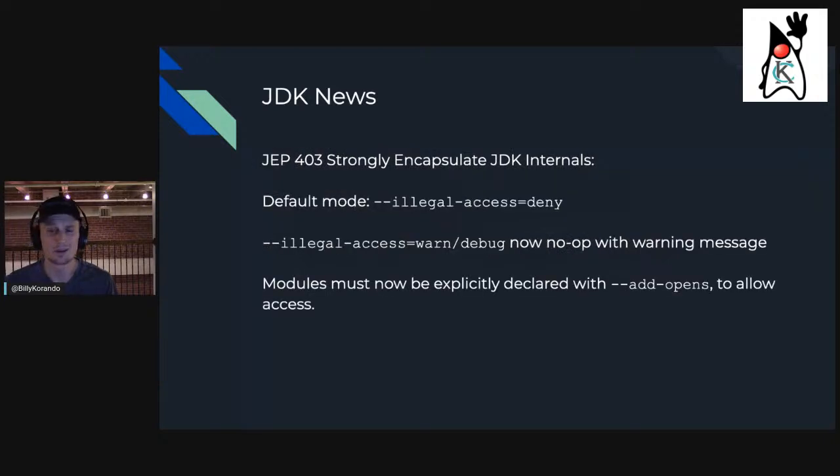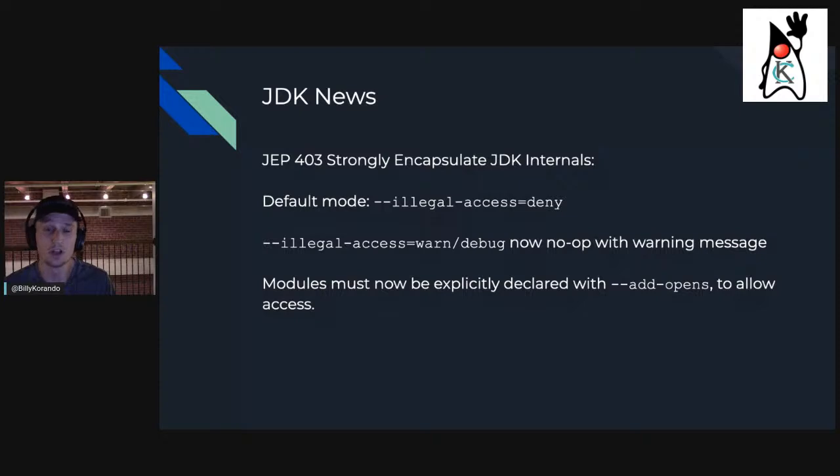The first is about strongly encapsulating JDK internals, because this is probably going to have a lot of Java developers a bit nervous. So right now in JDK 16, and all the way back to 9, the default mode, I believe, is illegal access is denied.